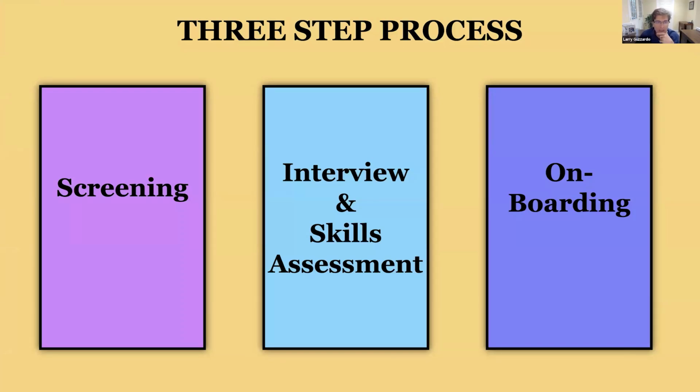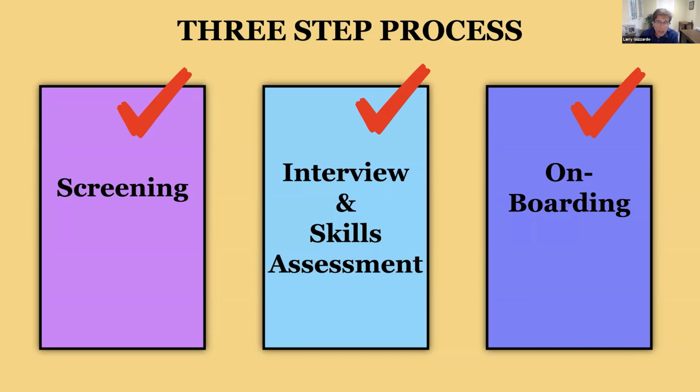Because we don't want to end up with somebody in the job that you realize, I can't train this person, or this person doesn't have the skills that I thought they had. And now we've got a whole other problem going on. So I look at it as a very simple 3-step process. The first step is screening. The second step is the interview and skills assessment. And then the third step is onboarding.